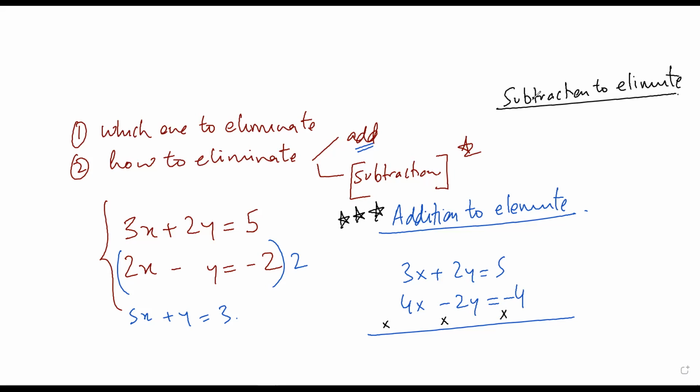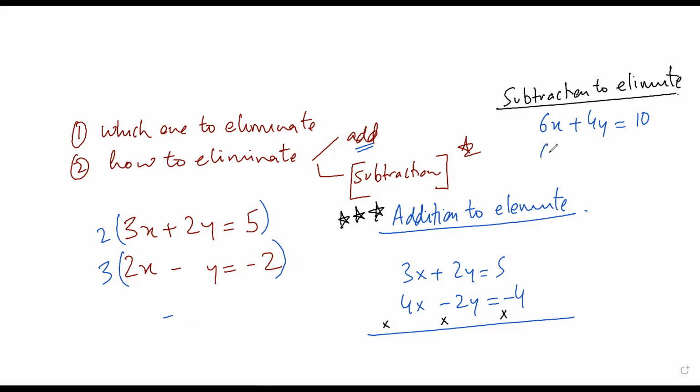So, for example, if I want to subtract to eliminate, what I need to do is multiply the first equation by 2, second equation by 3. Why? Because the first equation will become 6x plus 4y is equal to 10.